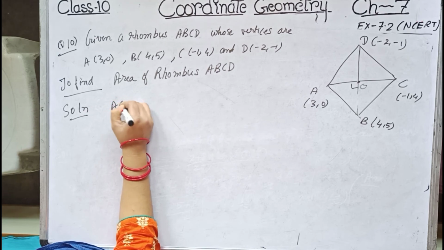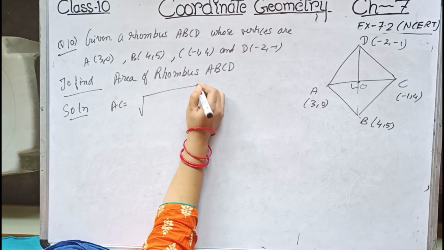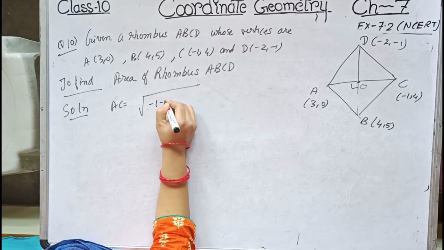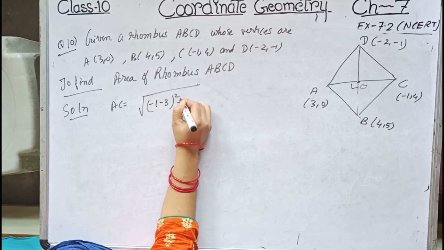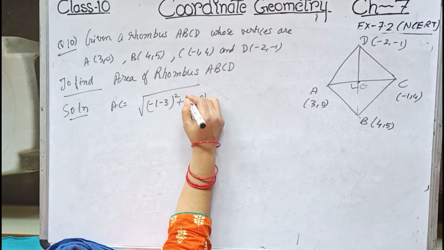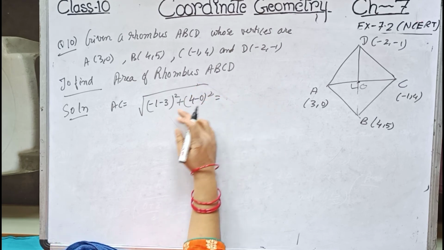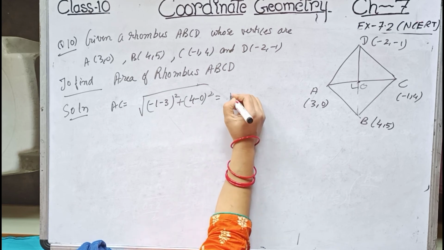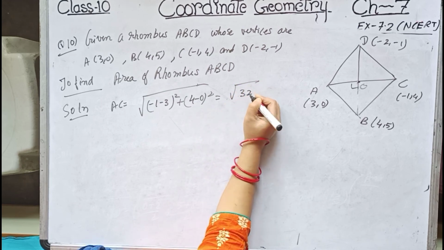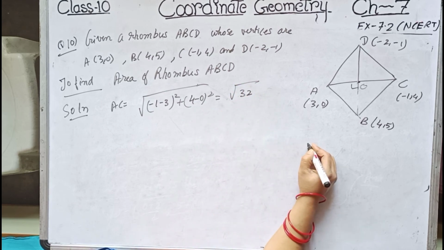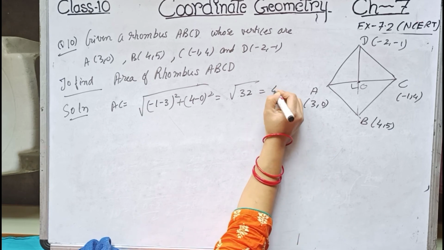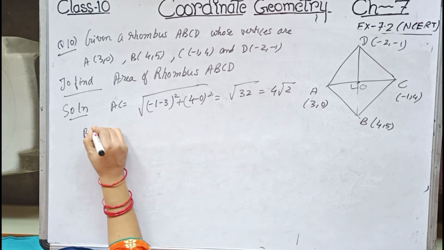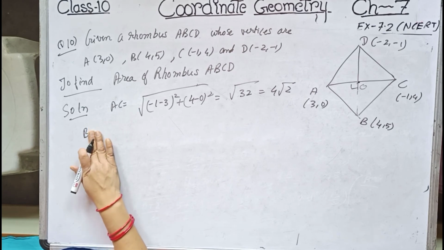Solution. AC equals under root of (minus 1 minus 3) whole square plus (4 minus 0) whole square, equals minus 4 square is 16, and over here 4 square is 16, so under root 32, and under root 32 is 4 root 2 units.